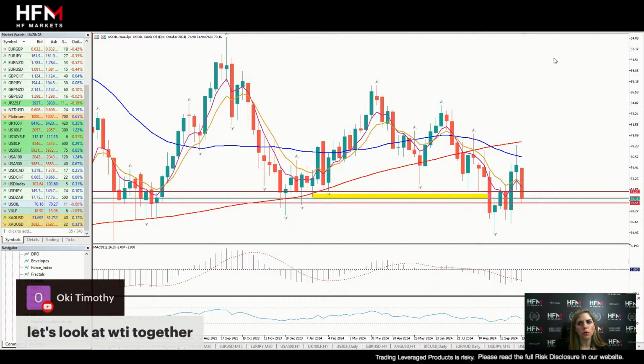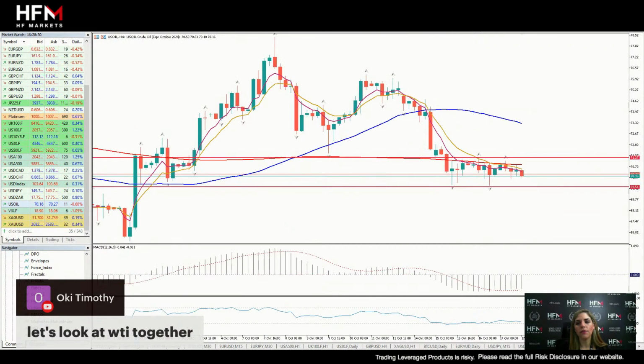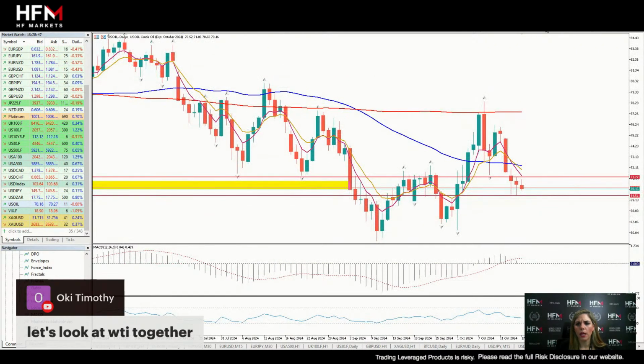So everything points to a negative performance for oil. But you need a confirmation. You need to see the asset rejecting and breaking the 69.50 bottom, which is a double fractal over here, right? And so the immediate support level as well.